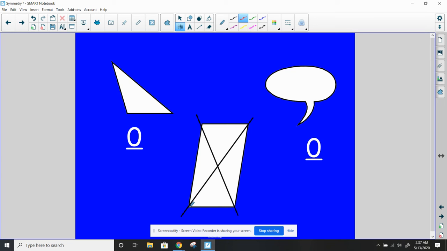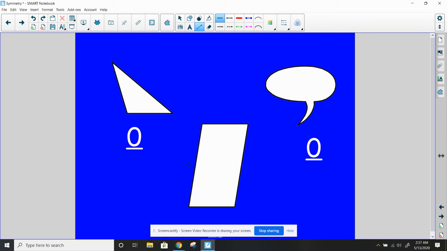If I take this corner and fold it straight across, it's going here. If I take this corner and fold it straight across, it's going here. They will not match up. A parallelogram does not have angled diagonal lines of symmetry. Nope, it's not going to work, so I need to get rid of those.